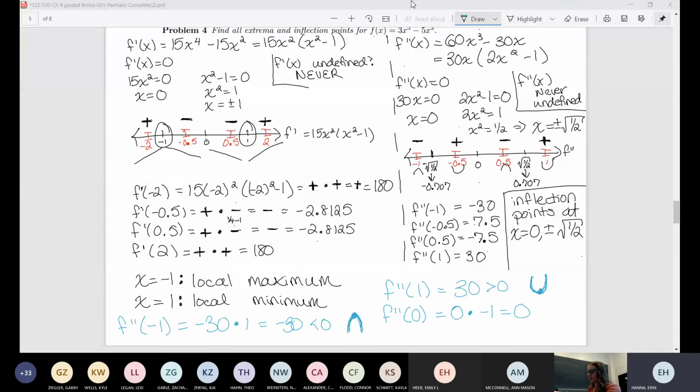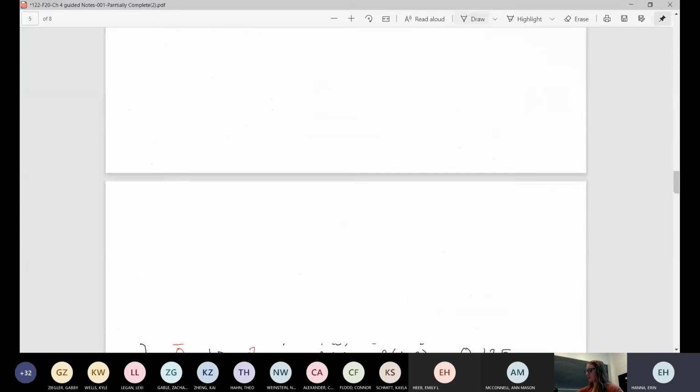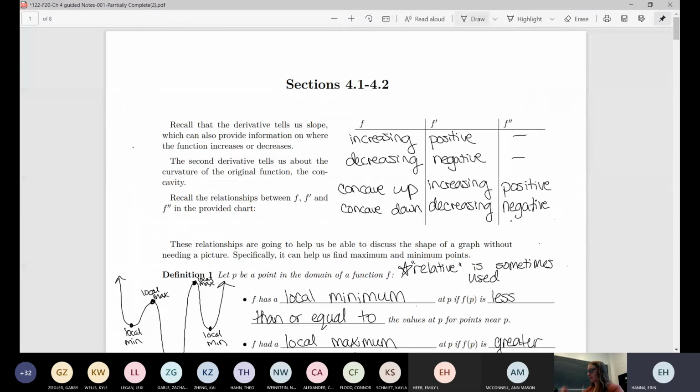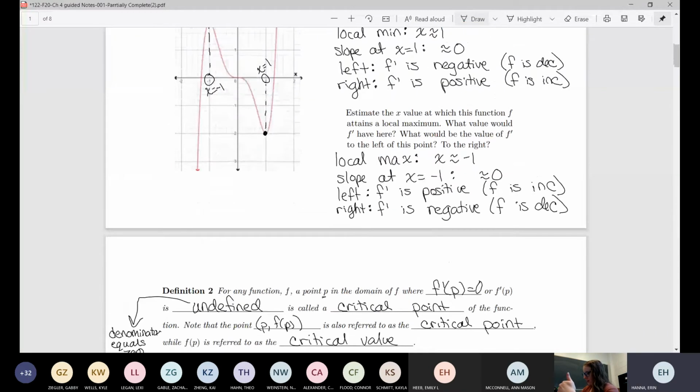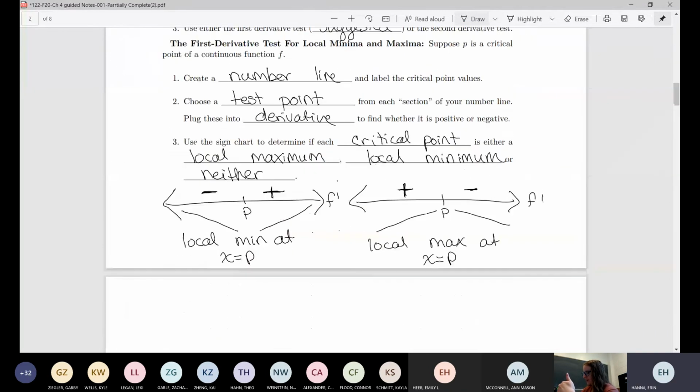Now the other thing we need to remember is the relationship between the derivative and the original function. I'm pretty sure we wrote that at the very beginning of these notes. Yeah, right here. This is what we're using to figure out if it's a max or a min. This relationship between increasing and decreasing and positive and negative for the derivative. And down here a little bit, it lays it out as well.